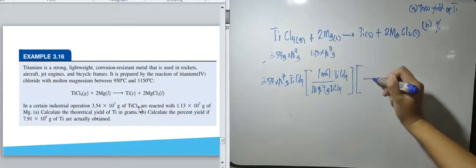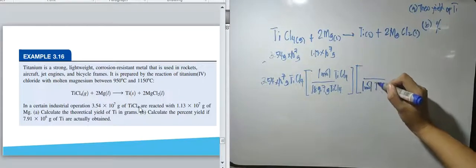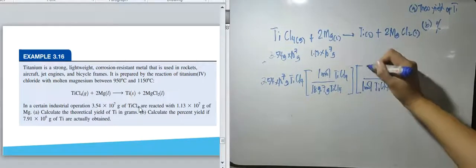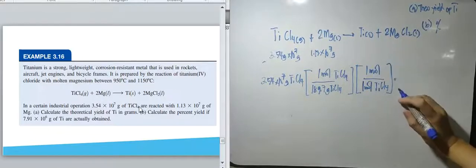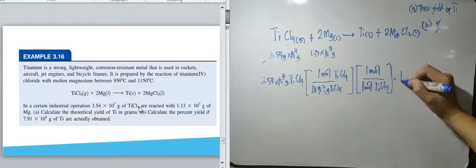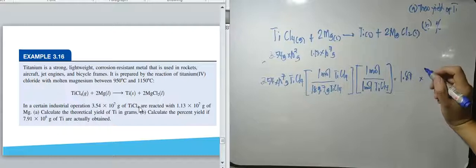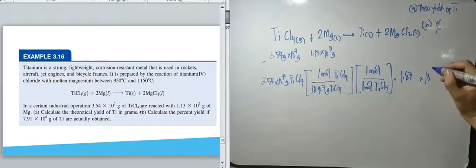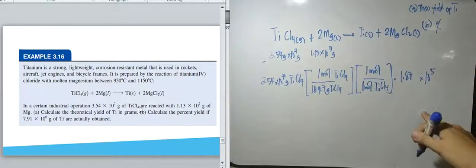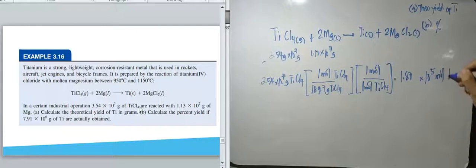And we have the relationship 1 is to 1. So 1 mole TiCl4, 1 mole as well. So therefore we have 1 is to 5 moles Ti.